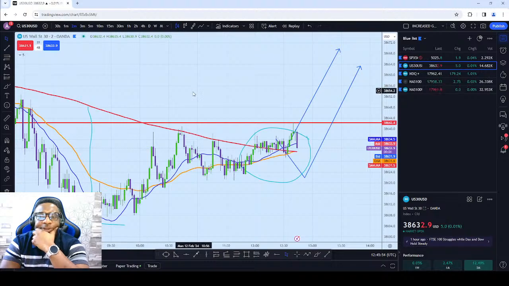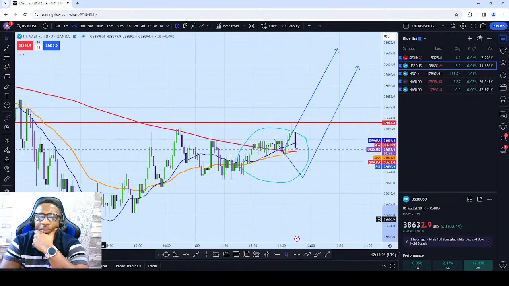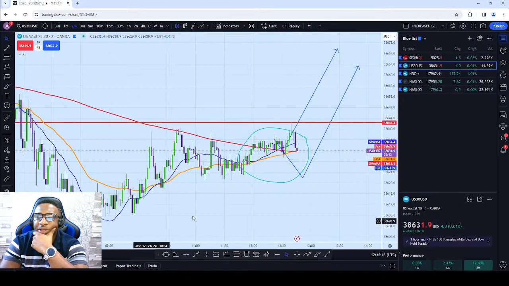So guys, it's always important to keep this game simple, because you don't want to complicate things by putting so many indicators on the chart to the point that you can't even see price action.